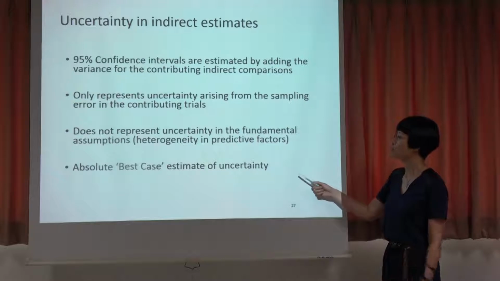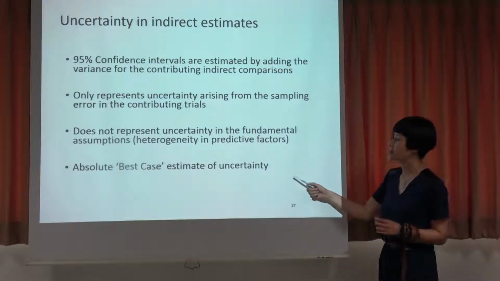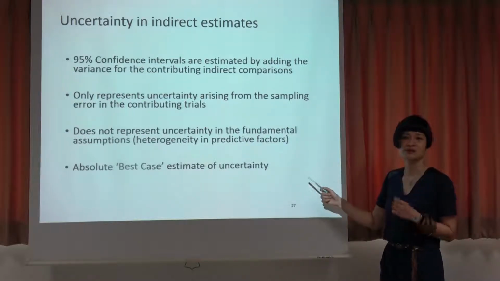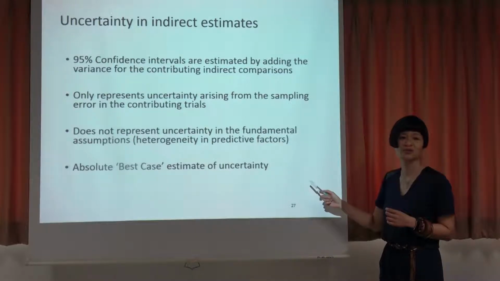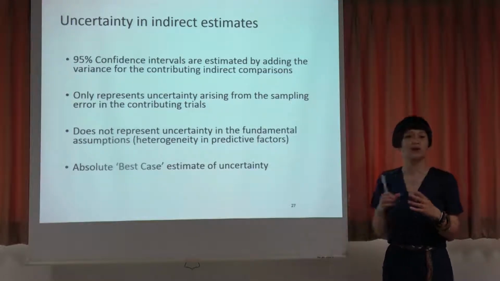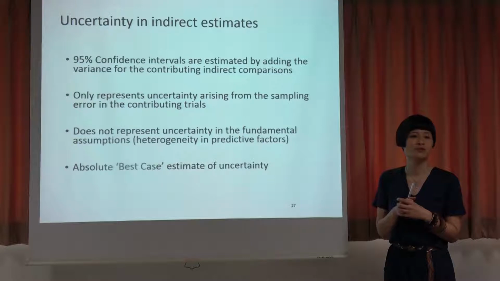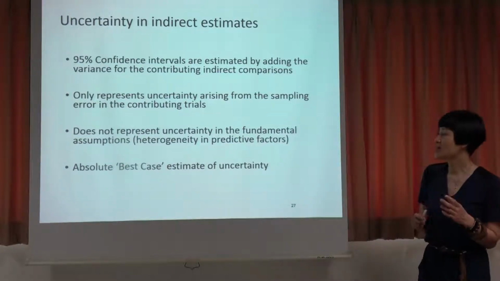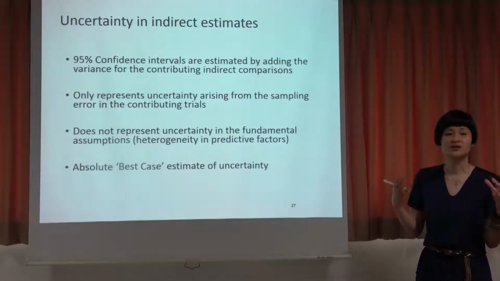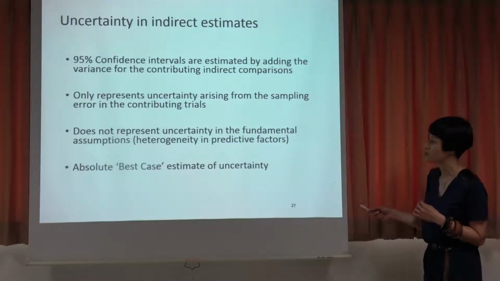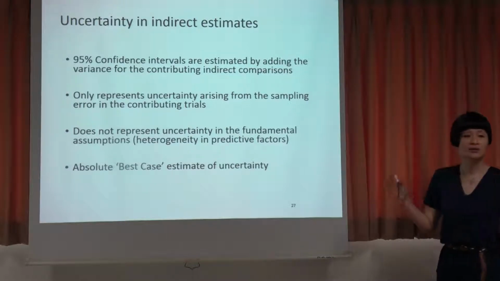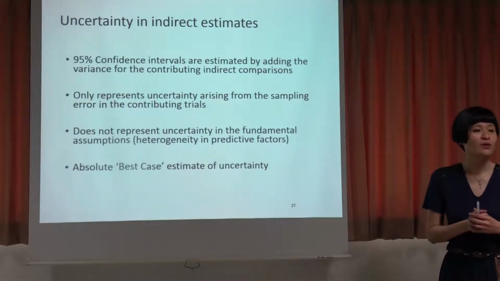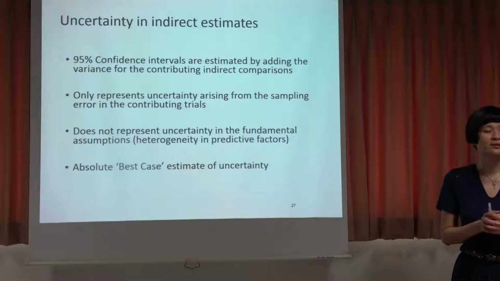And so what we present is the best case estimate of uncertainty, because it's the minimum amount of variation that we've built into the estimate. So in reality, if you take into account potential inconsistency or heterogeneity, then the uncertainty should be greater than what the calculation is giving you.